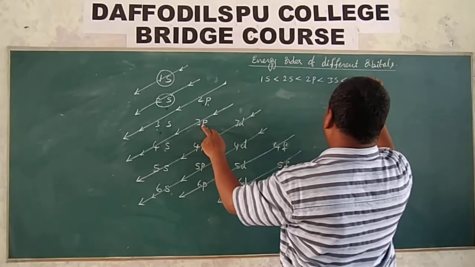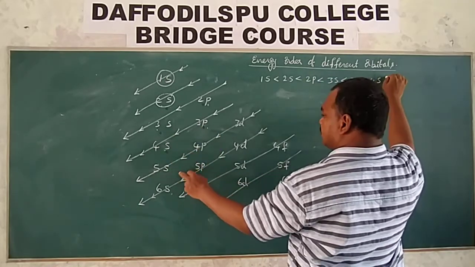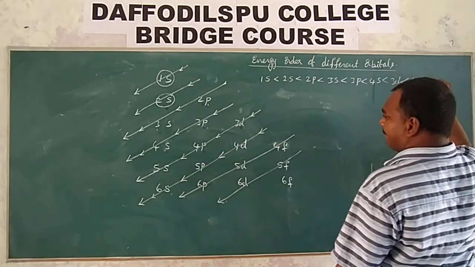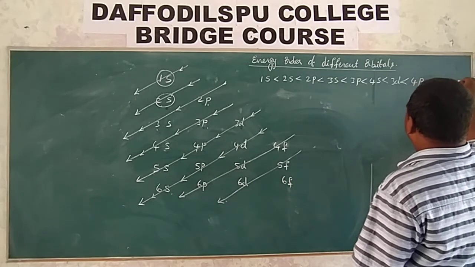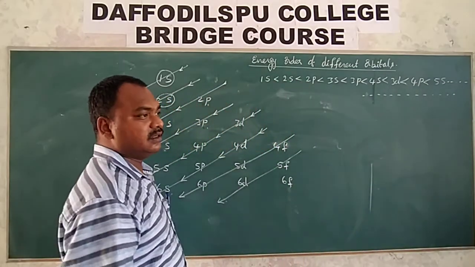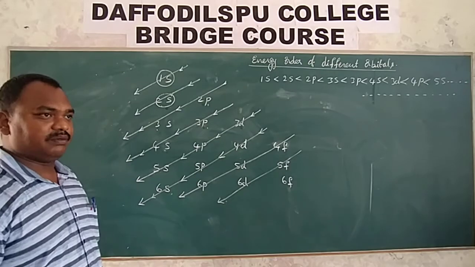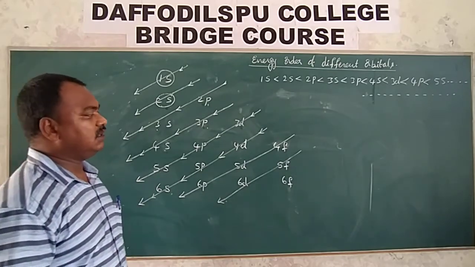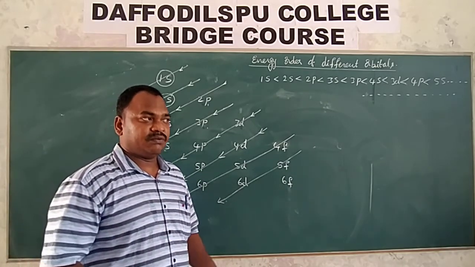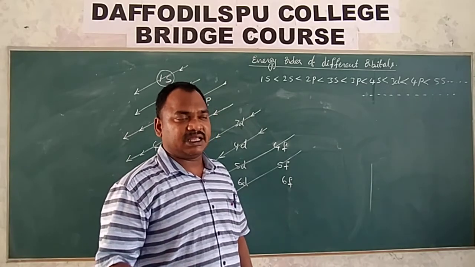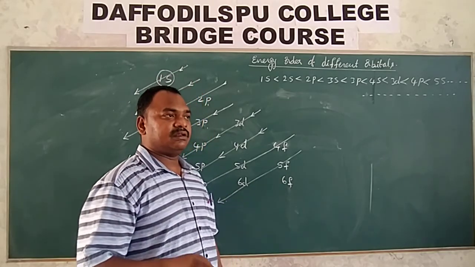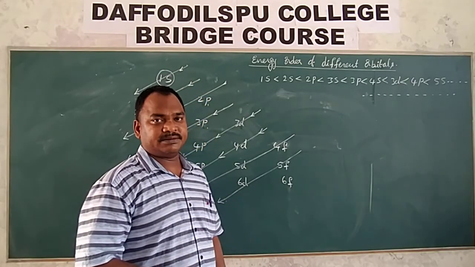After that, 3p. After that, 4s. After that, 3d. After that, 4p. 5s. Like that. So this is the energy order of different orbitals. Like that, you can write the energy order of different orbitals without finding out the n plus l values.